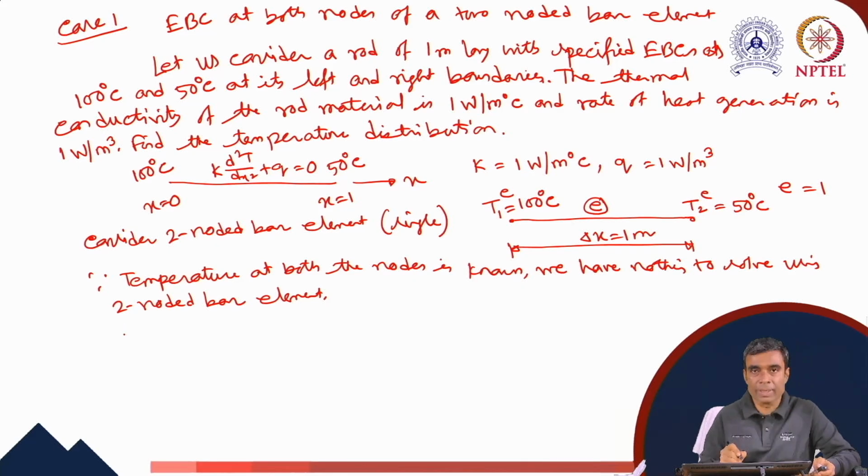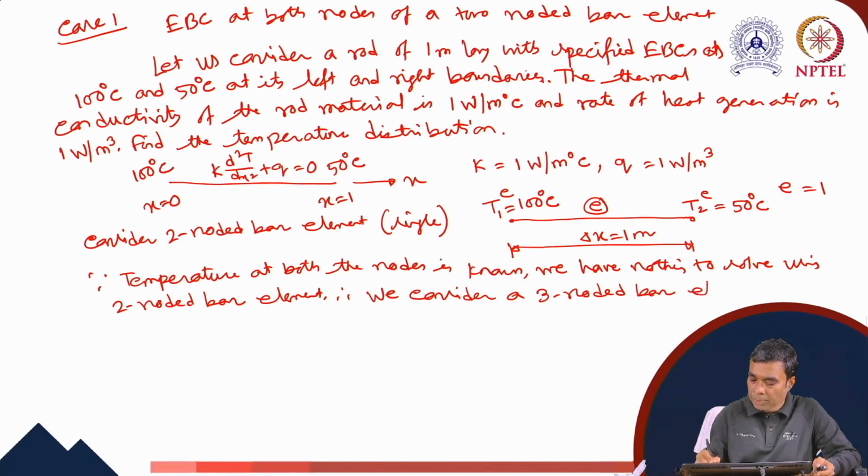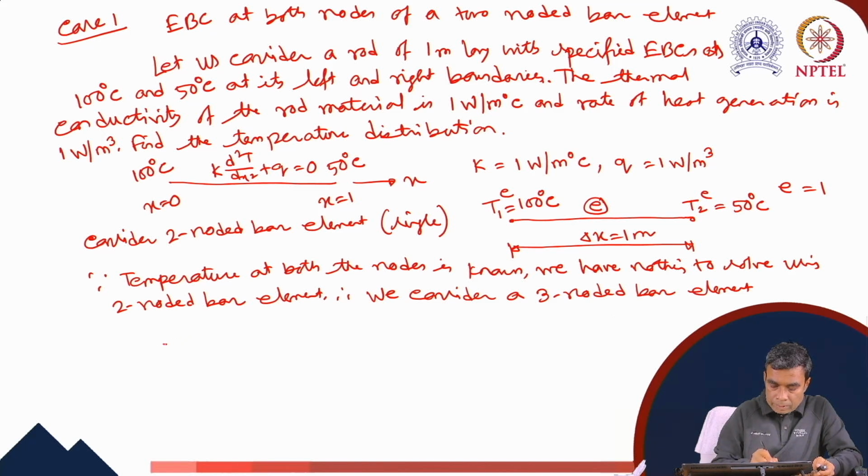So now we shall consider the next level of bar element, that is the three-noded bar element. Therefore, we consider a three-noded bar element where delta x equals to 1 meter.